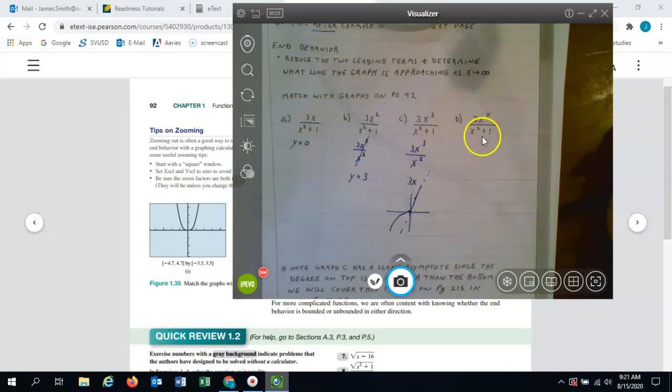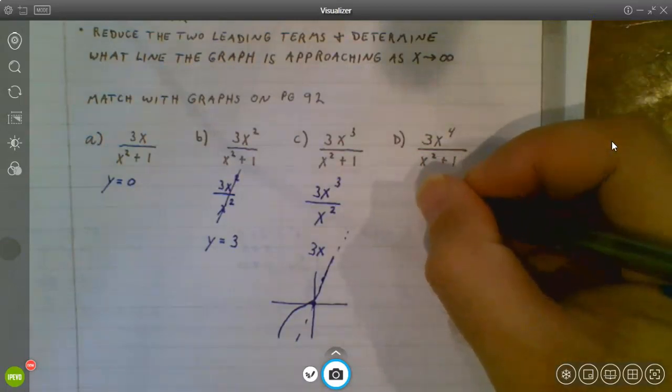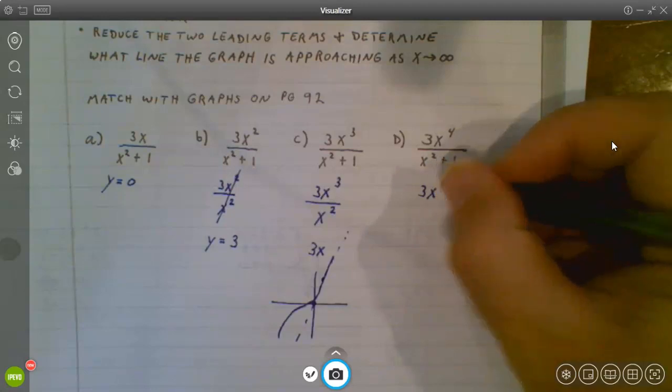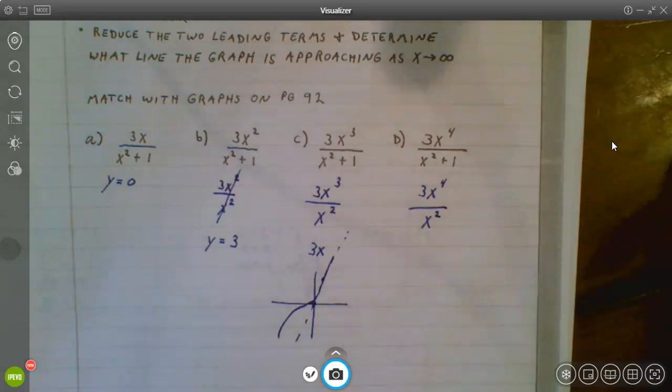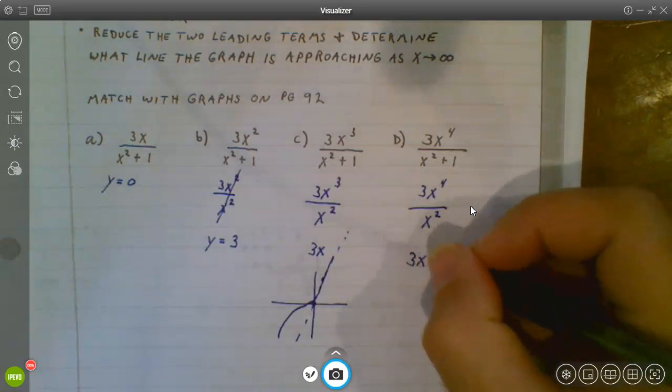Let me show you one last case. Again, I'm going to start by taking the leading terms and reducing. As you look at this one, as I reduce it, I'm just going to get 3x squared.